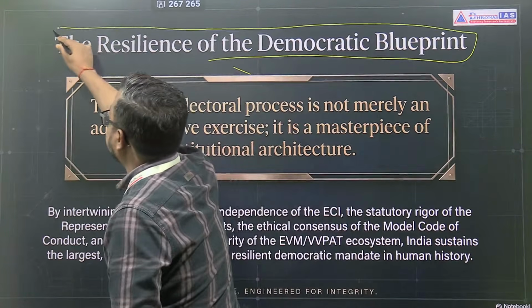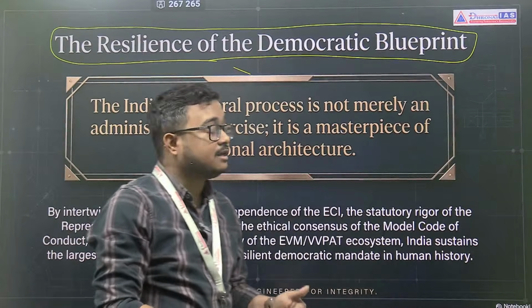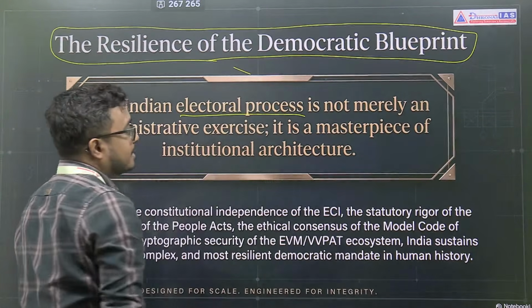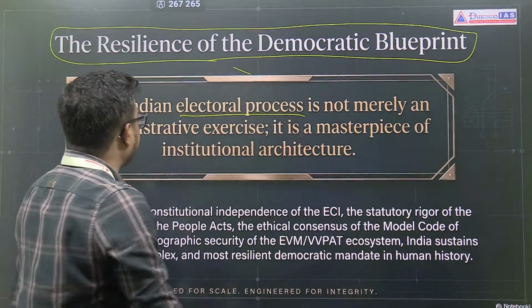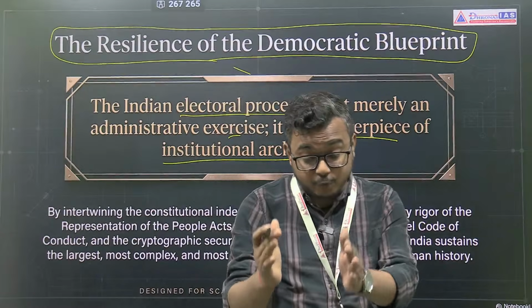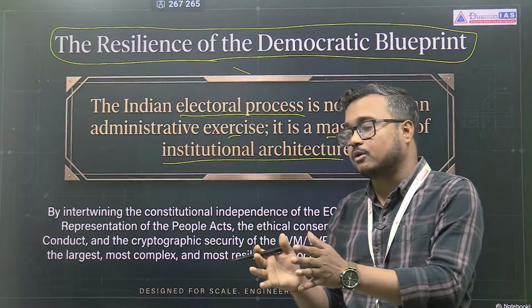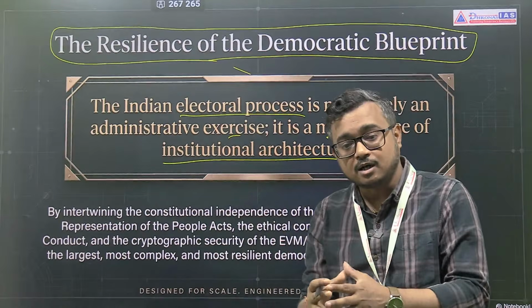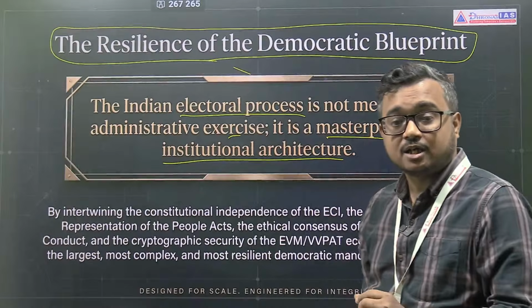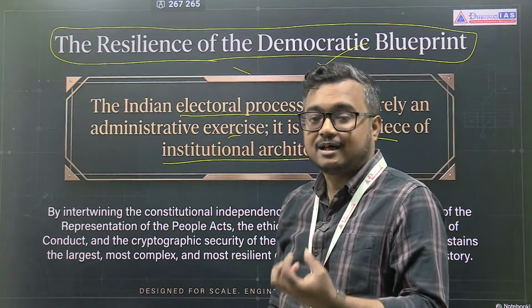The resilience of the democratic blueprint. India has been a democracy for centuries, and the resilience of that blueprint is the electoral process. It is not only an exercise, it's a masterpiece of institutional architecture. From booth level to central level, we have a huge workforce working together simultaneously in sync to have a free and fair election, so that democracy in India survives.